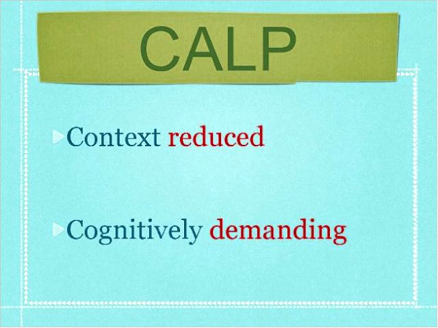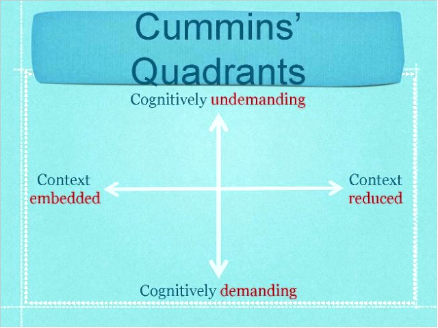Now I think it's helpful for us also at this stage to have a look at Cummins quadrants. Cummins quadrants actually help us to see the difference between BICS and CALP and to situate the difficulty of different tasks.